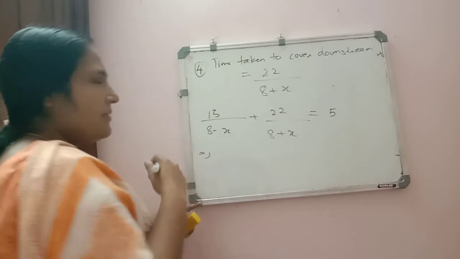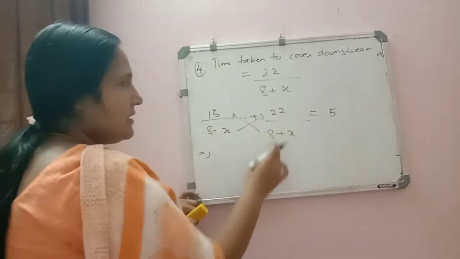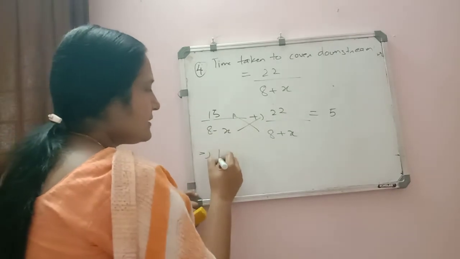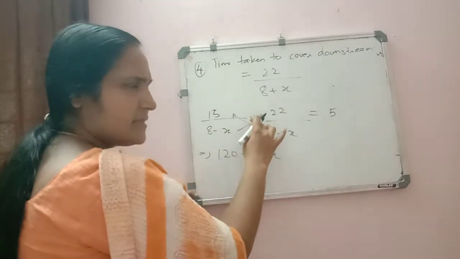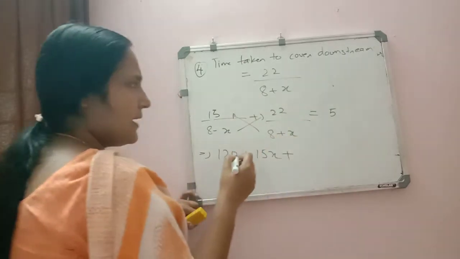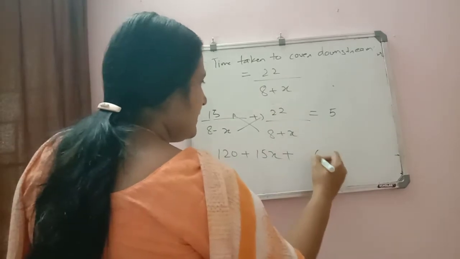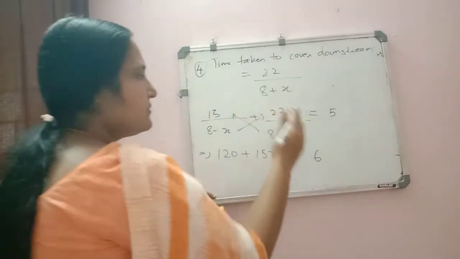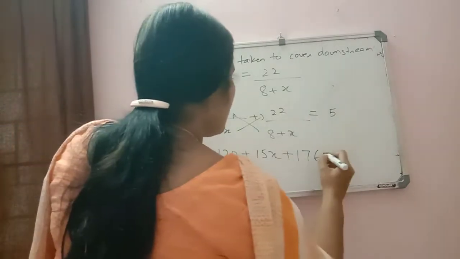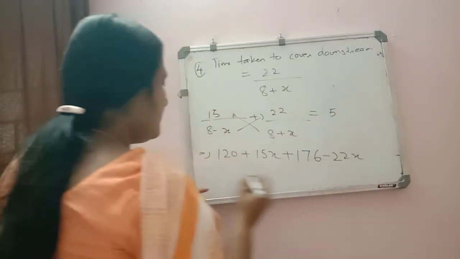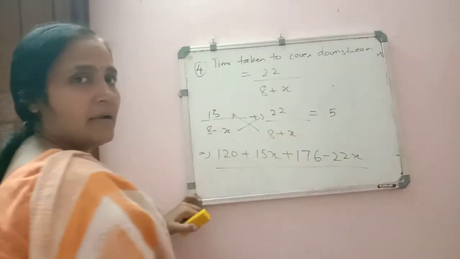Now here taking a common factor is not required, we'll do the cross multiplication. So it will be equal to 15 8s are 120 plus 15x. Plus sign is there, that's why the bracket is not needed. Plus 22 into 8 is 176 minus 22x, over 8 minus x into 8 plus x.